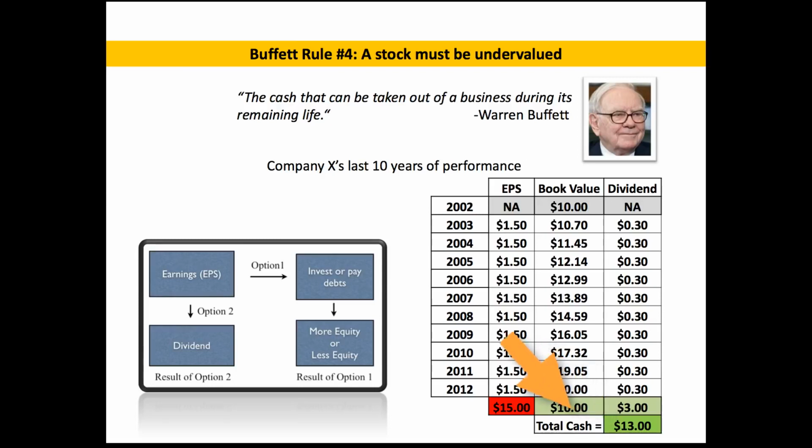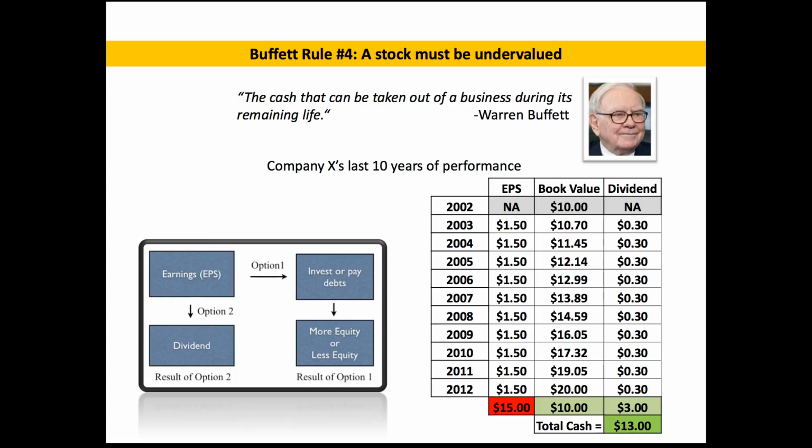You can see the book value grew by 10, and then we just summed up all of our dividend payments, and that comes to $13 when we total those. So over a 10-year period, we essentially lost $2 just through the system that this company was operating. Okay, even though that profit was made, it fell through the cracks of the system, and you lost $2 in actual money that should have gone into your pocket.